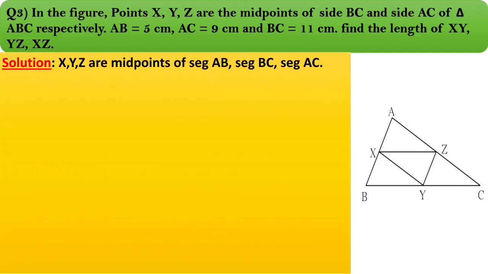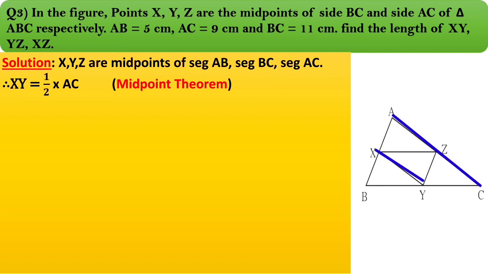Children, first of all we will write X, Y, Z are the midpoints of segment AB, segment BC and segment AC. XY is half of AC by midpoint theorem. AC value is given how much? 9. So half of 9 is how much? 4.5. Therefore length of XY equals 4.5 centimeter.